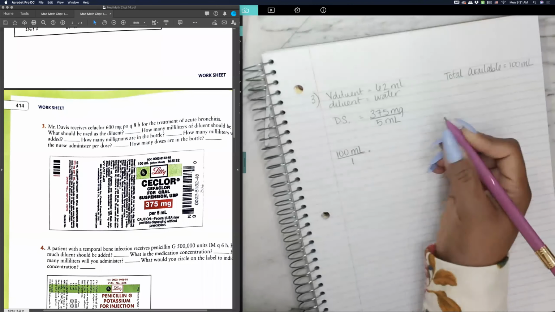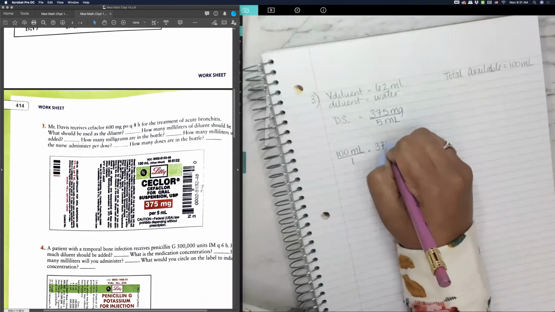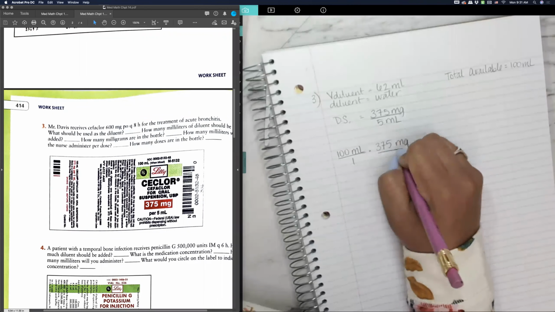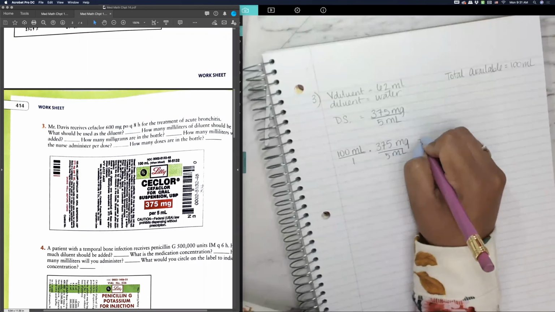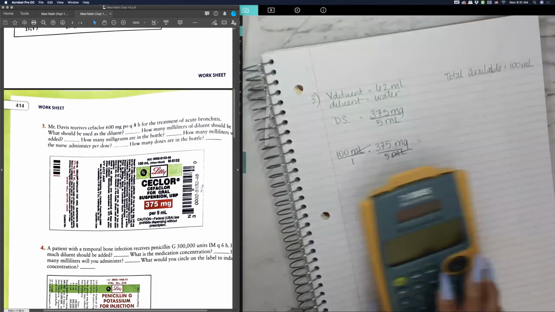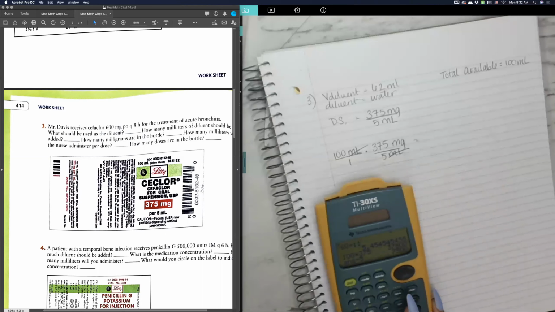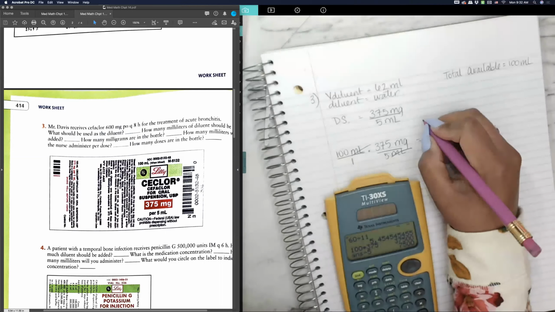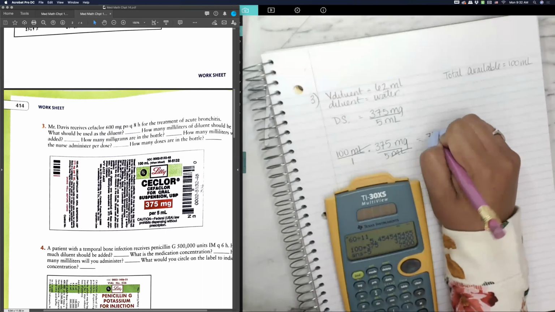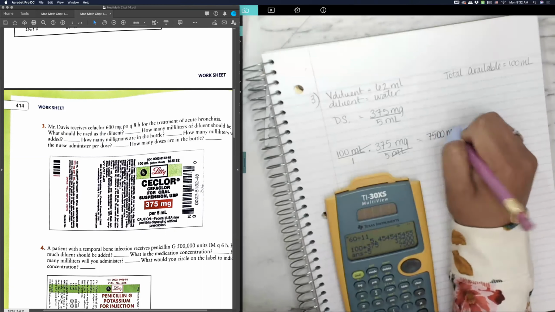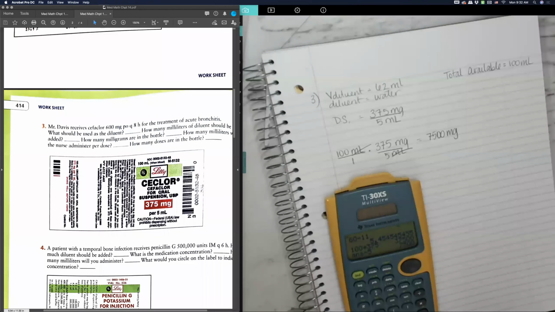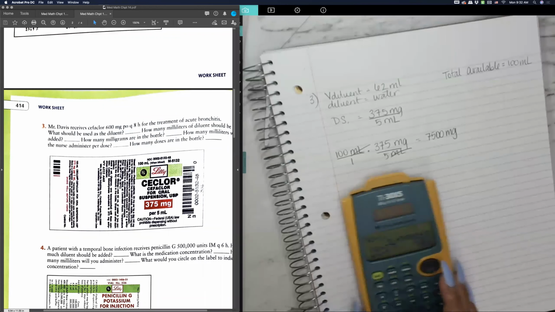We multiply it by our dosage strength. And we're going to get 100 times 375 divided by 5. I think this is the one that has an error in the back of the book, if I'm not mistaken. Okay, so available is 7,500 milligrams of medication.